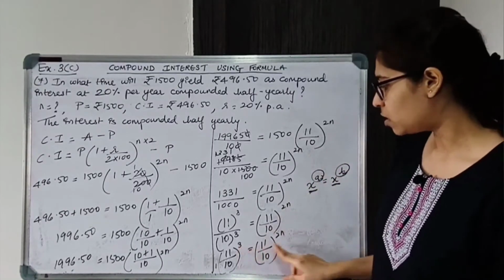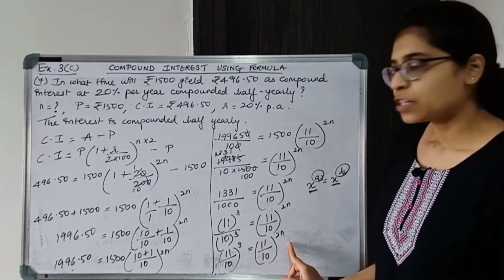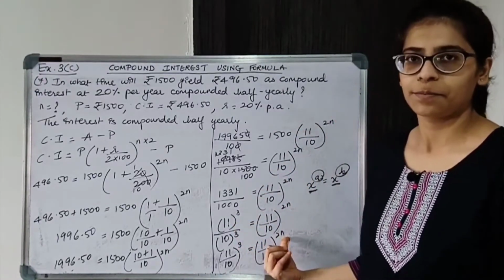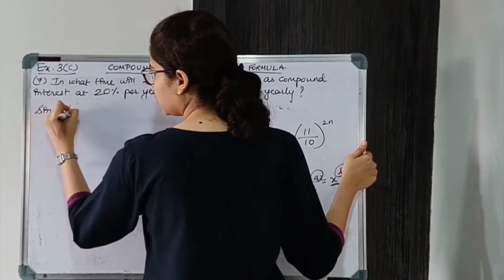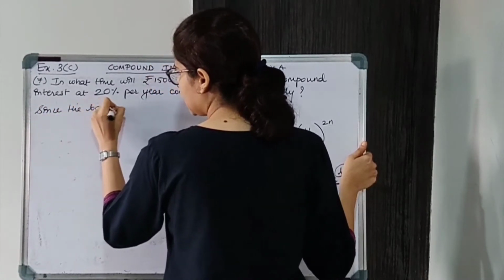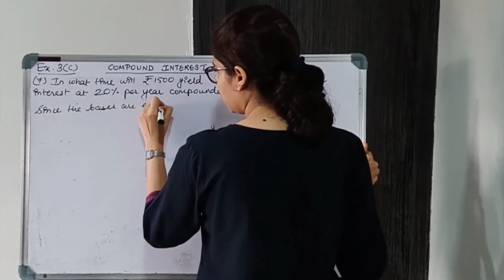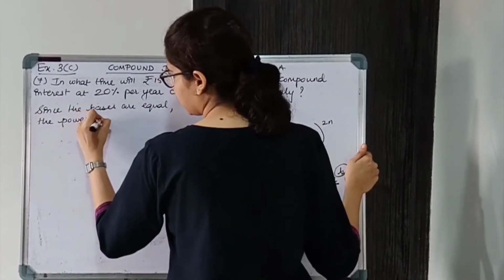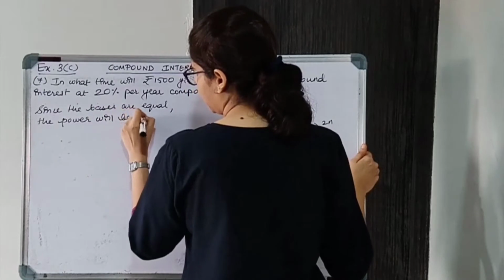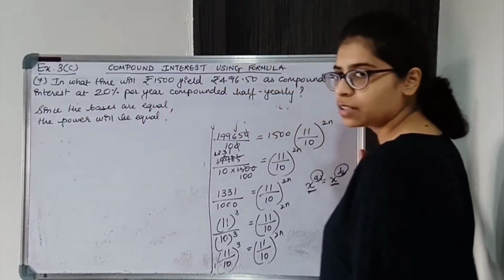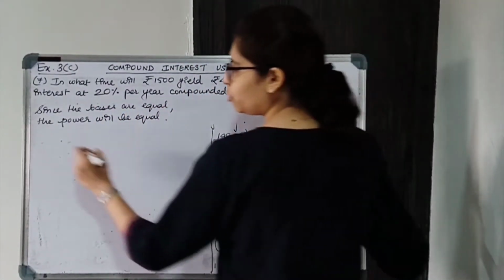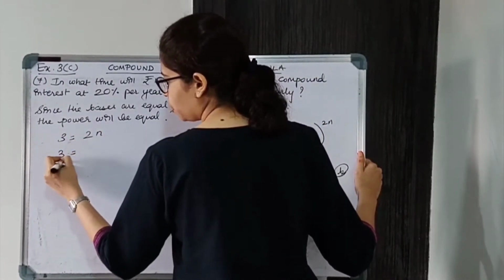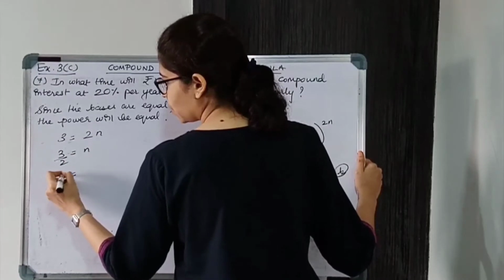So therefore powers are equal. So we'll just write down: since the bases are equal, the powers will be equal. Okay, so 3 is equal to 2n. So shifting, 3 upon 2 is equal to n, so that gives 1.5.